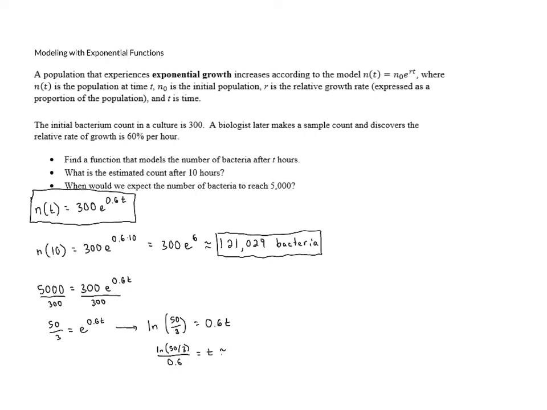And we end up with an approximation of 4.689. And so we can round this to the nearest tenth. So let's say about 4.7 hours before the bacteria grow from 300 to 5,000.